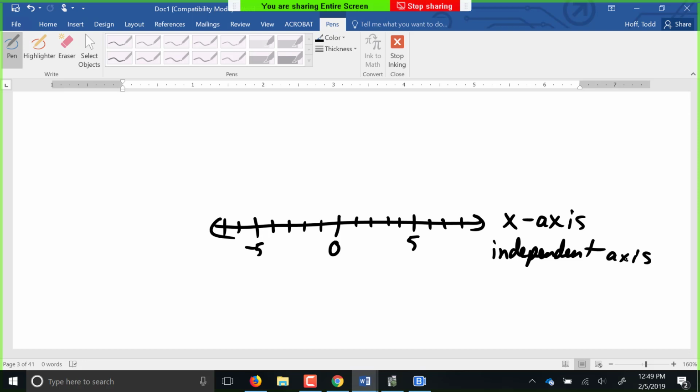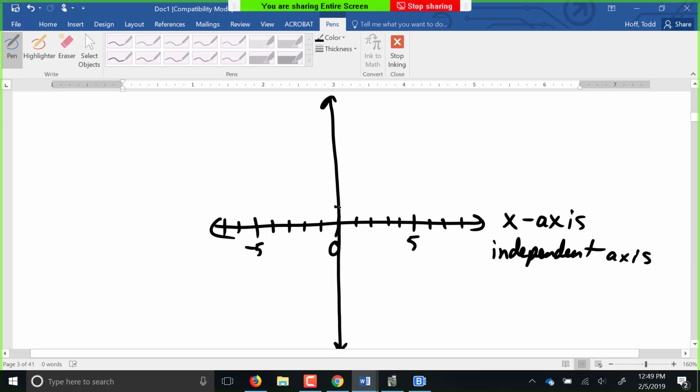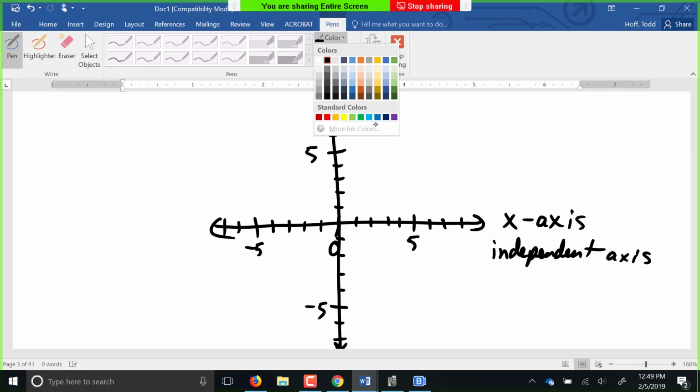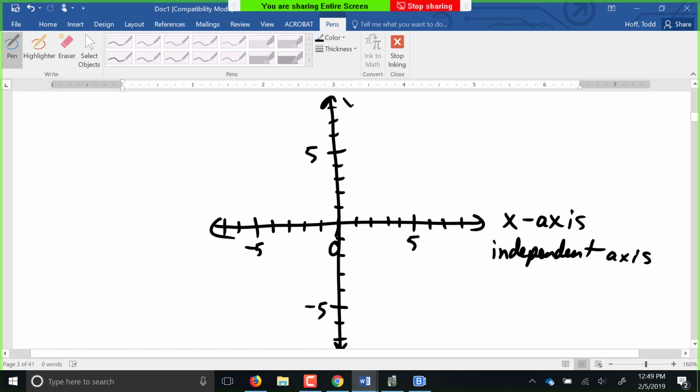The second axis, Descartes took a second number line, but instead of putting them side by side, he found the 0 point of that first number line, and he went vertically through it with a second number line with positive values going up and negative values going down. This one was referred to as the y-axis, or again, sometimes the dependent axis.